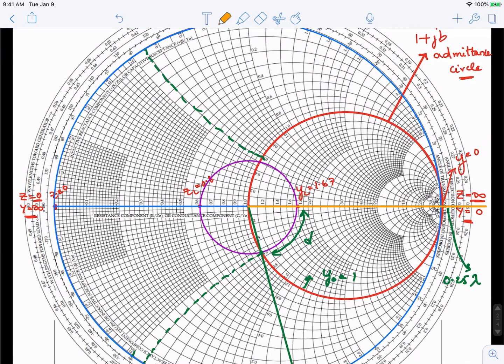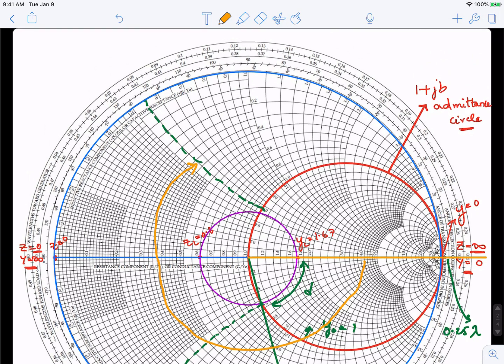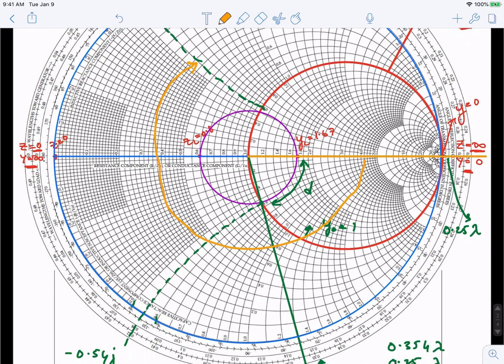We have to make sure that the length is at this point. So we have to add this length so that we get a load of 0.54 j.